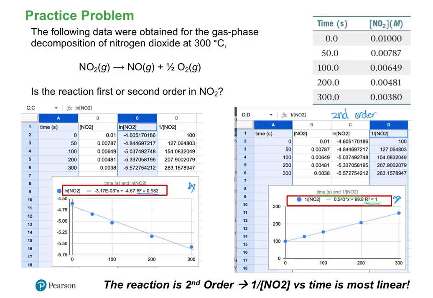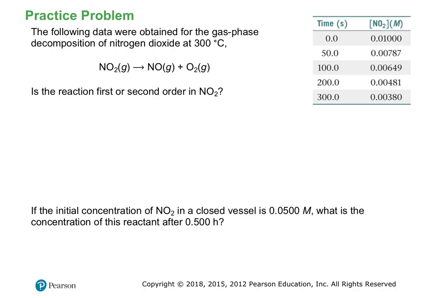And another note we'll want to take from this is the slope here, 0.543. That is the rate constant, which we're going to use in a little bit to find out some more information, which the second part of the problem is asking for. All right, so we know that it's second order.